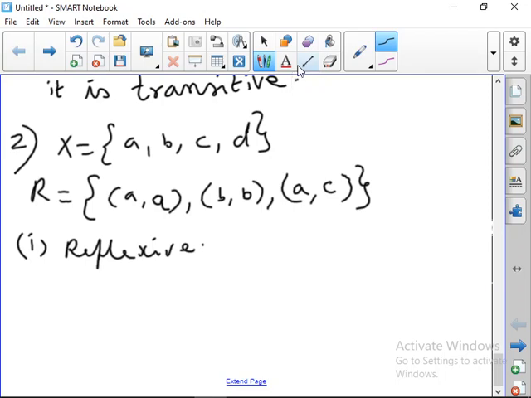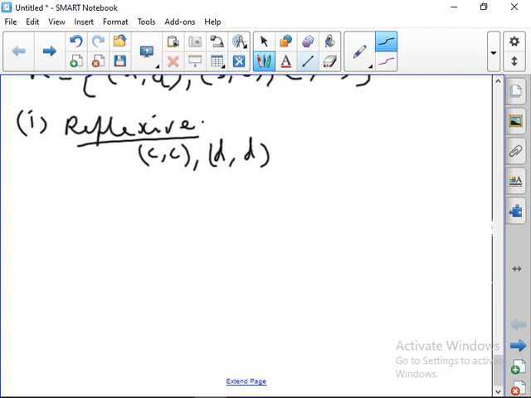So what should be added here is (C,C) and (D,D). Okay, so that is the question: what should be included in R to become reflexive?